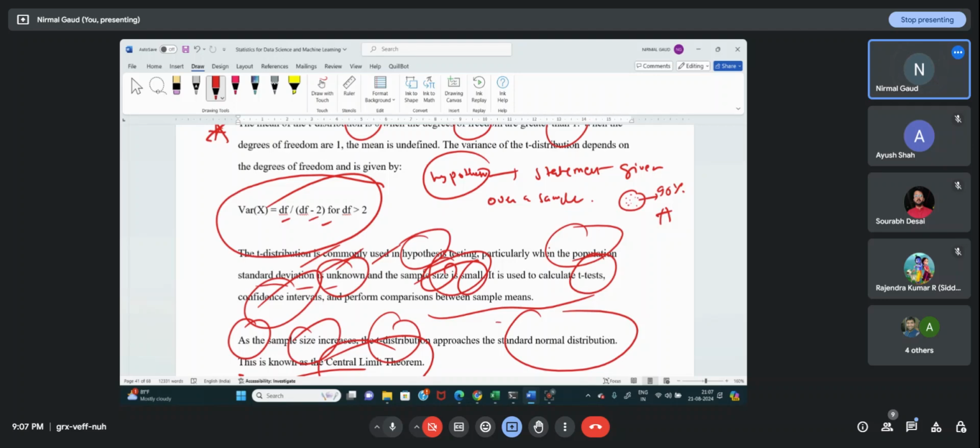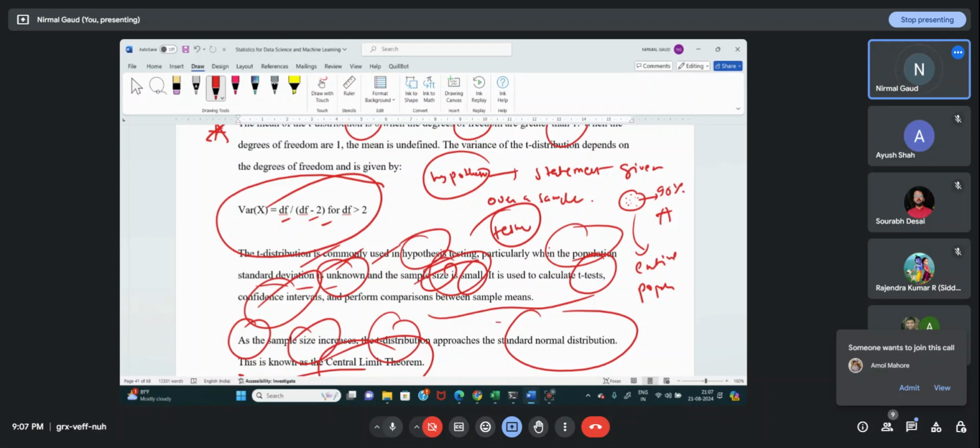So this hypothesis should also be true for the entire population. You have to prove it. For that, you have to apply testing.